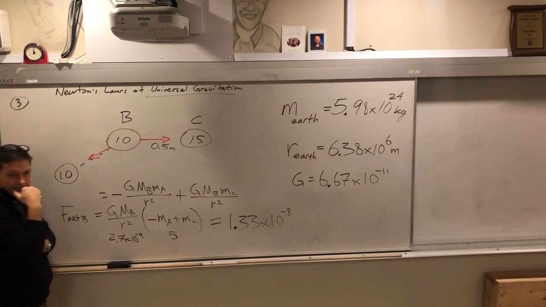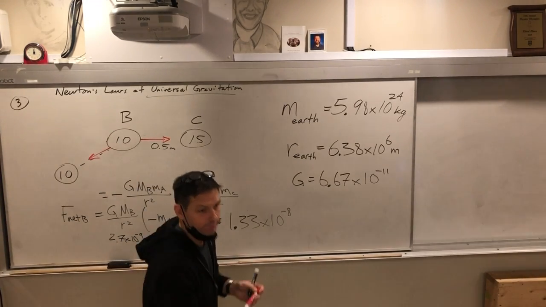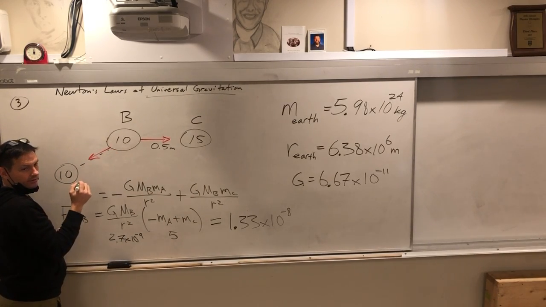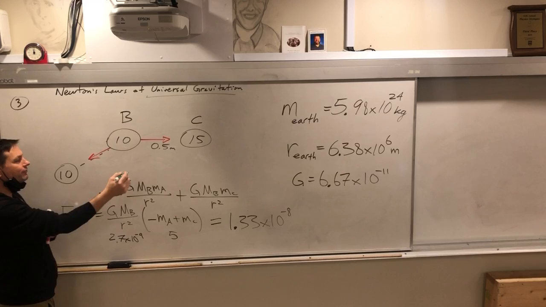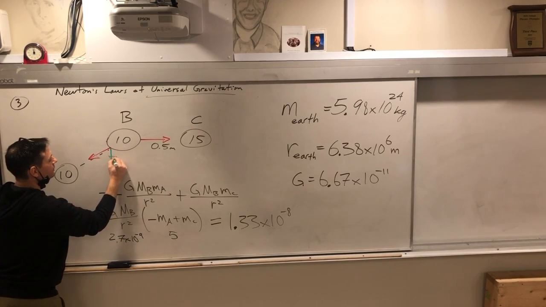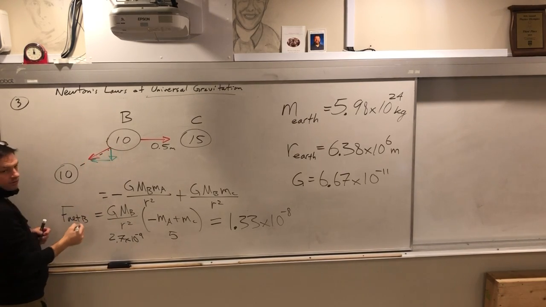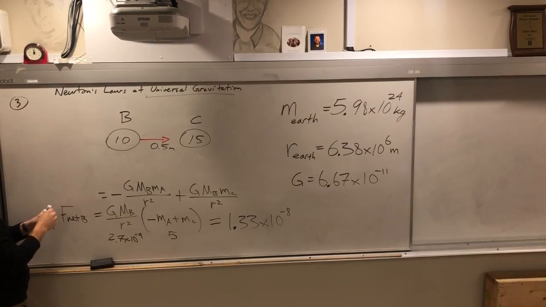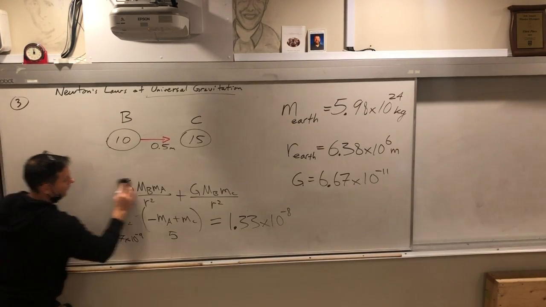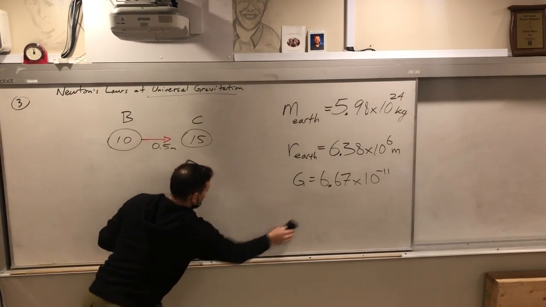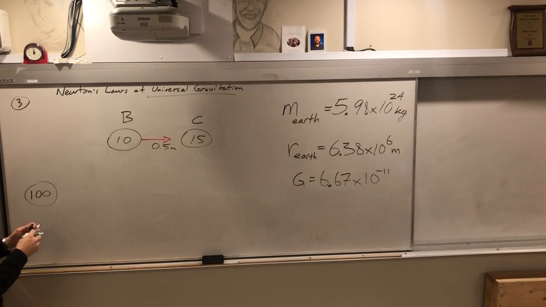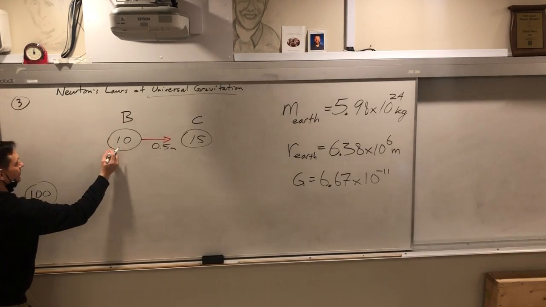Well, I wouldn't do every angle, but I would do vertical and horizontal, right? So let me draw that bigger so that you can see it. Let's say I told you there was 100 kilos down here. You're going to have this big force going down here, right?